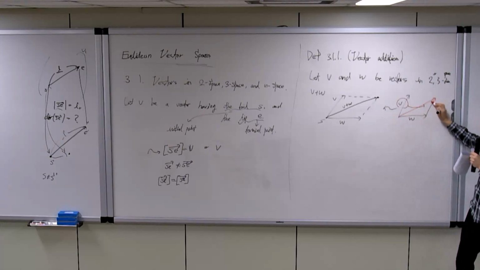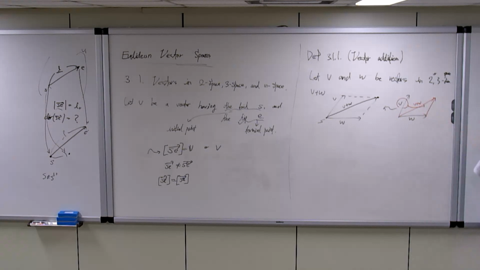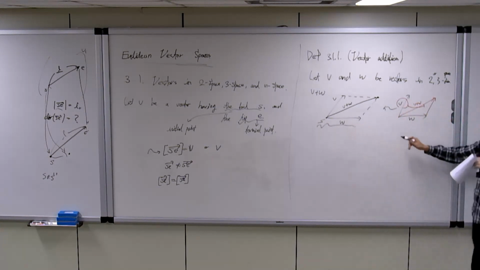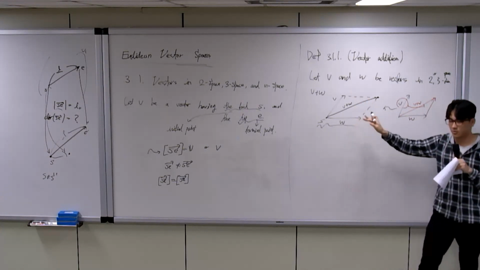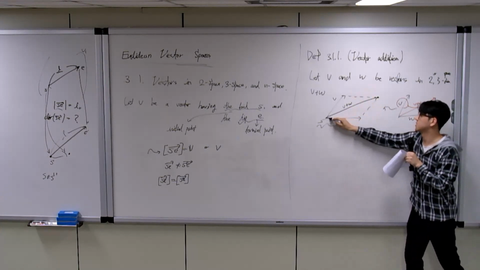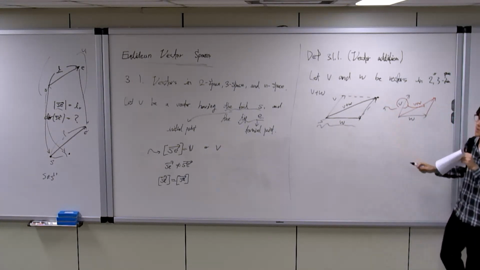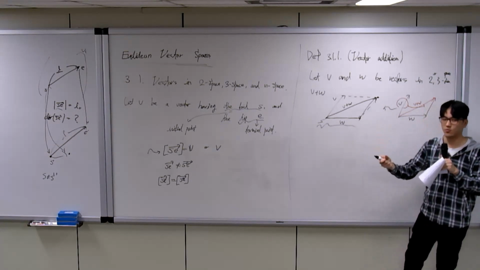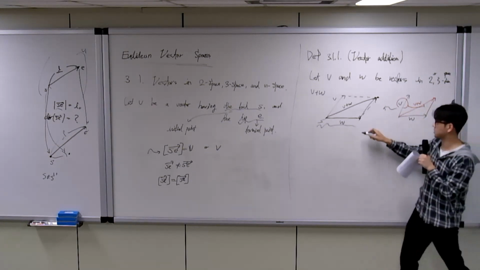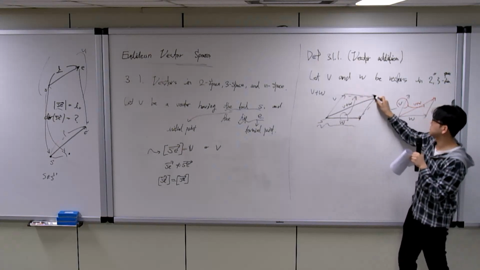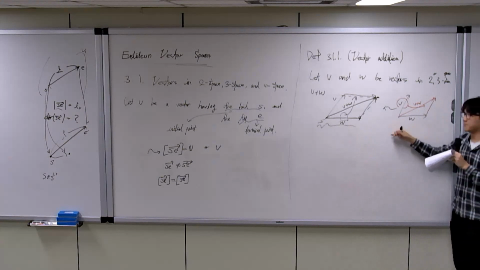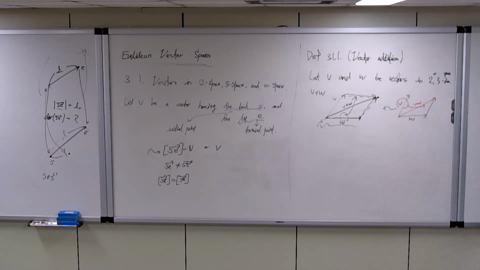Finally, it gives the same notion as the previous definition, because we construct the same parallelogram, and it does not depend on which vector we translate, because if we translate w, it will give the same value. So if we define it like this, it is well defined.